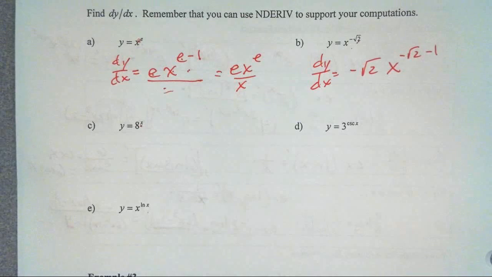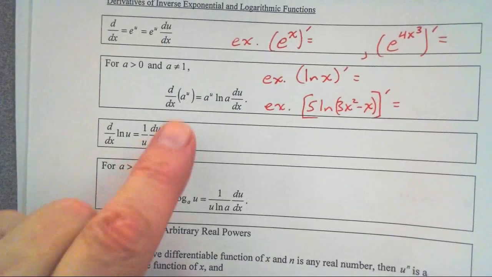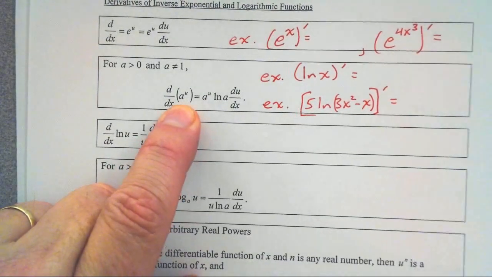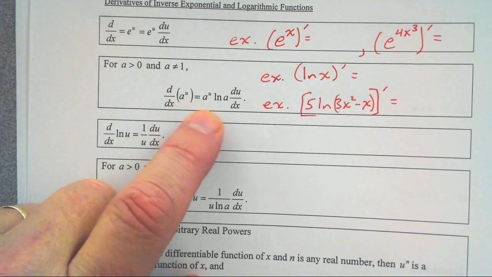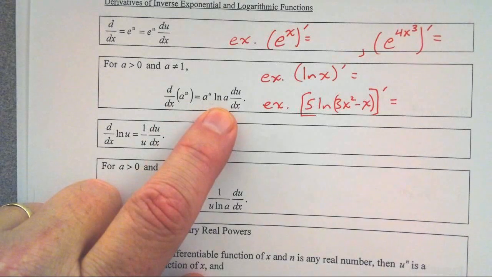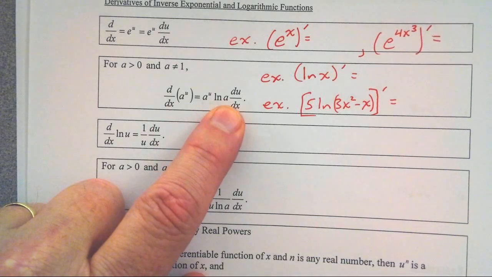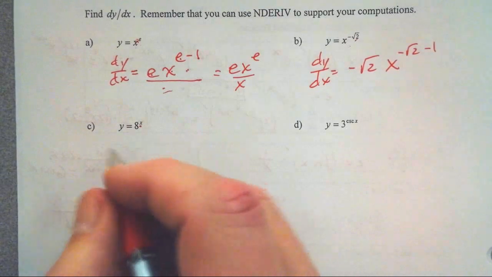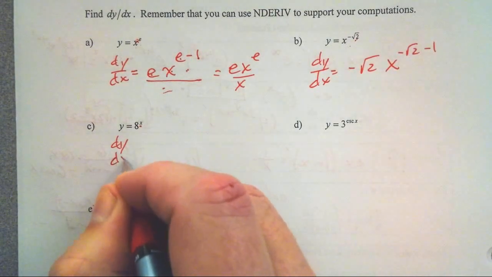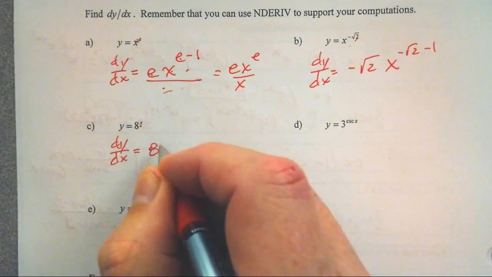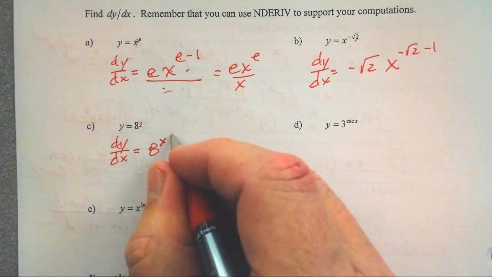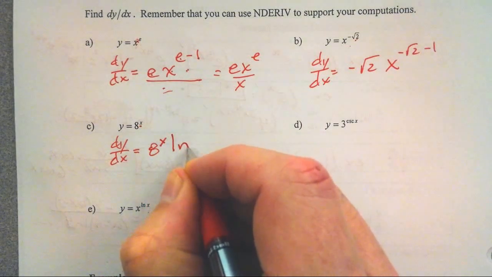This is an exponential function, and we're going to recognize that as an exponential function. So our rule, when we have an exponential: some value a raised to a function is a to the function times ln of a. So using that, the derivative of this wants to still be 8 to the x, but I compensate for that with ln of 8.